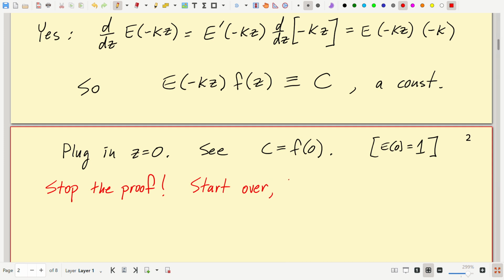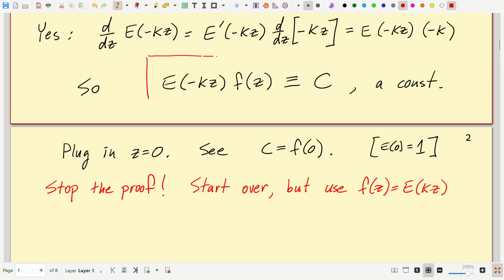But this time, for that f of z, use that f of z is equal to e to the kz. Let me put this in a big red box. That's what we deduced so far.